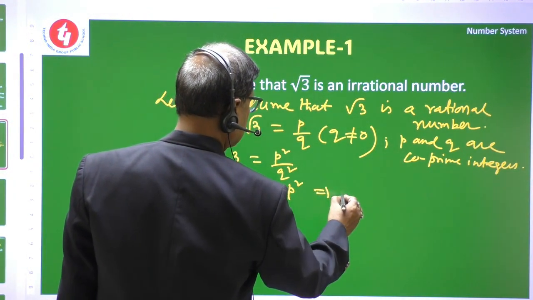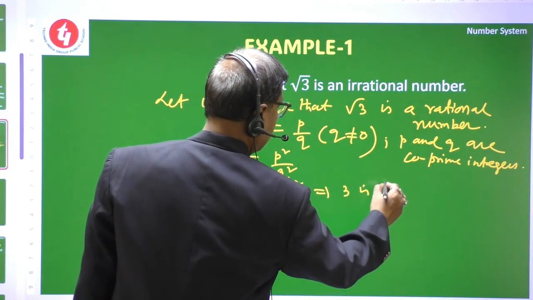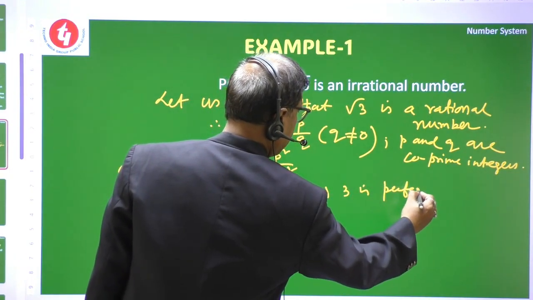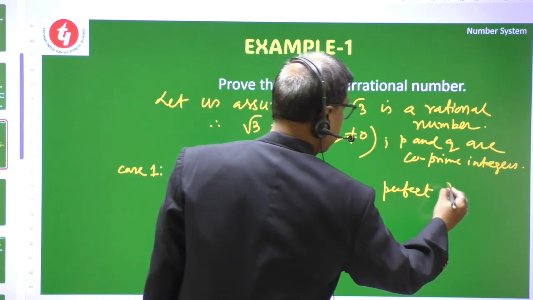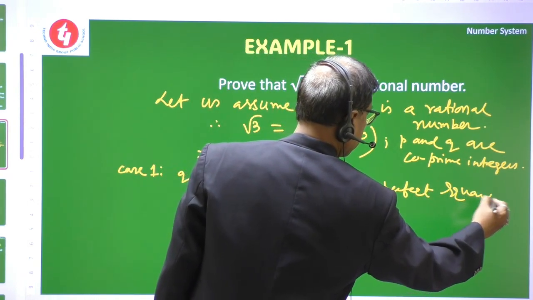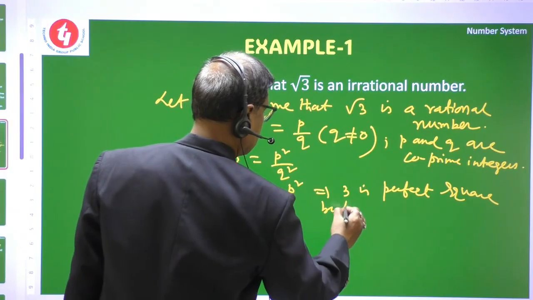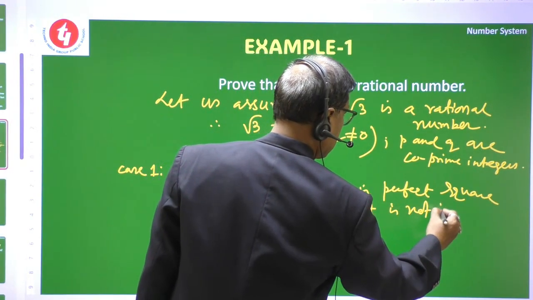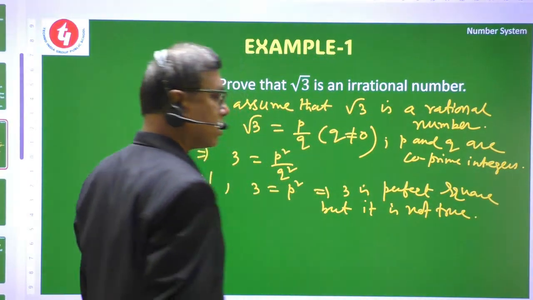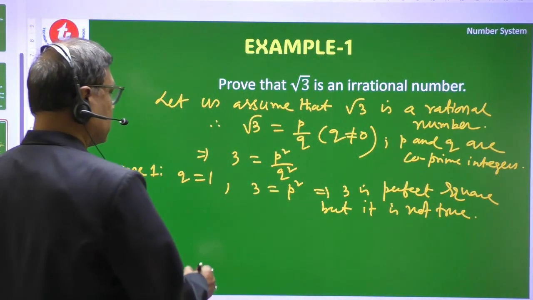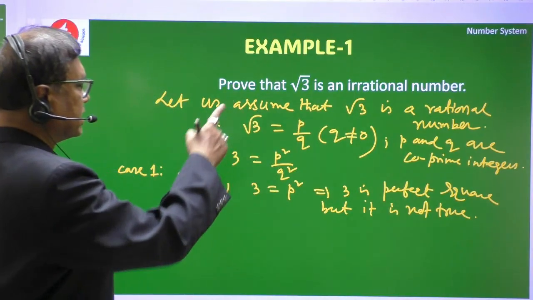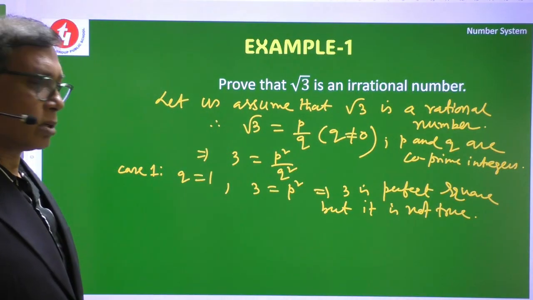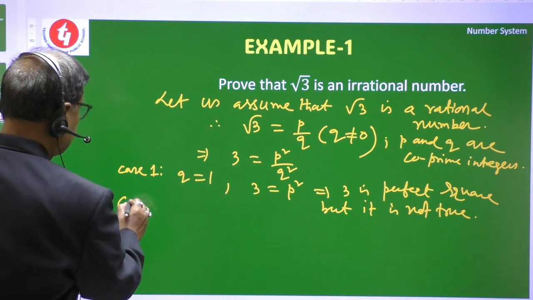This implies 3 is a perfect square. But it is not true. Therefore, our assumption is wrong. Now let us see case 2.